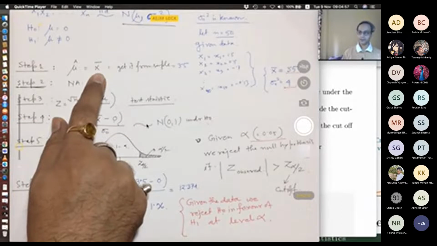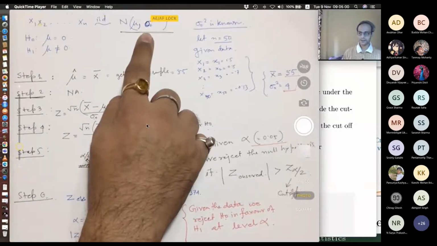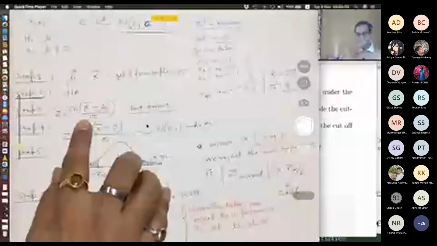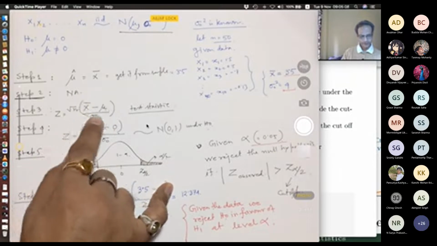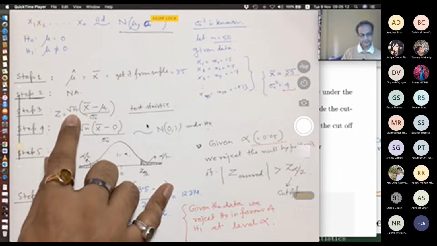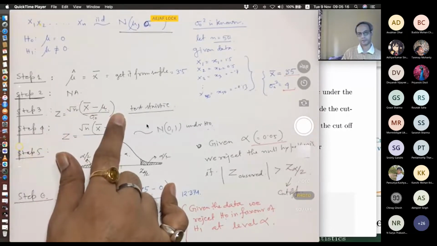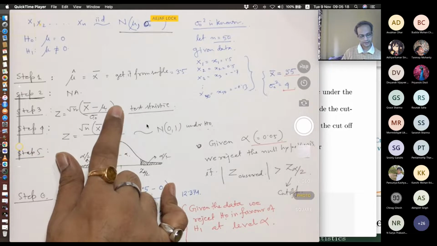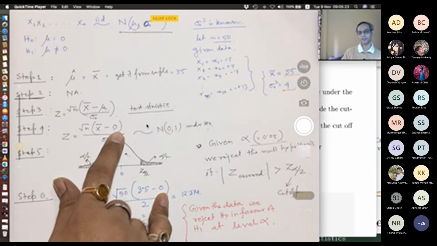Then, given the feature of the data, you try to get a transformation from this estimator such that the transformed distribution becomes free from parameter. And that will give you the test statistic, plugging in the value of the parameter specified by the null.